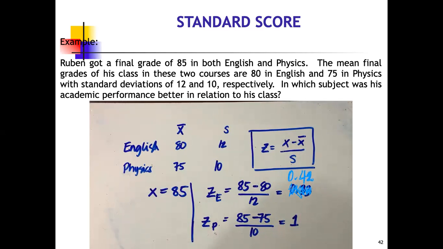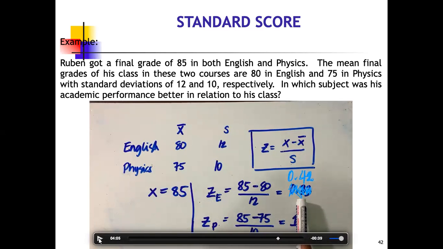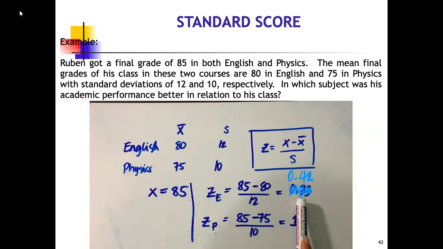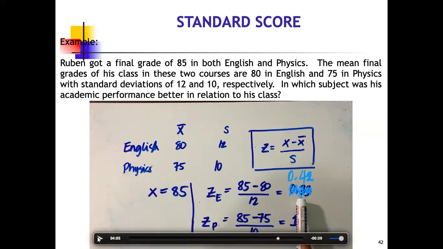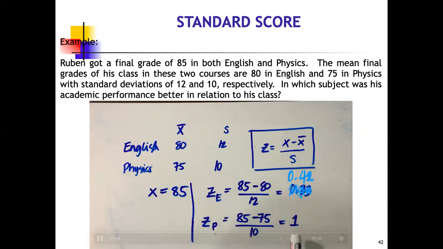Now, going back to our example, of the two subjects, in which subject did he perform better? In English, his grade of 85 is just 0.42 standard deviations above the mean. However, his 85 grade in physics is 1 standard deviation above the mean.